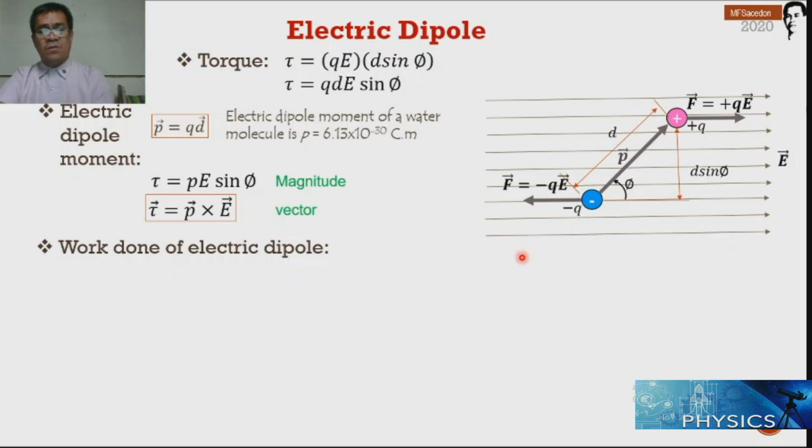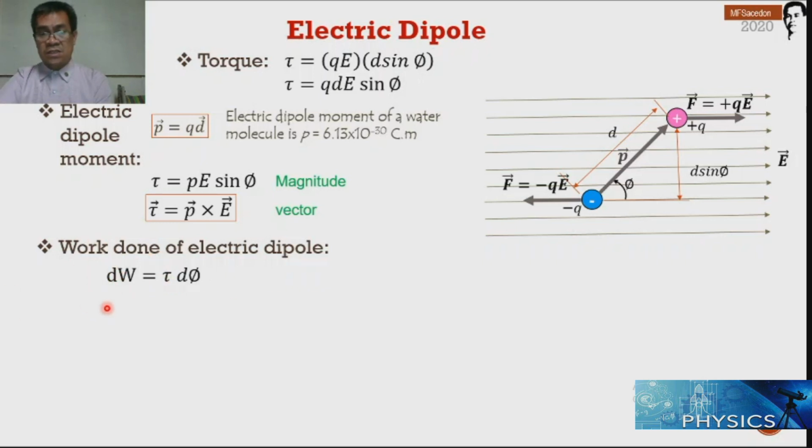Now, if we calculate the work done, how much work is produced by the electric dipole? The result is the product of the torque and the angle. If you multiply the torque by the amount of rotation, the answer is the work done by the electric dipole. Since this is an infinitesimal angle multiplying the torque, the result is the infinitesimal work done.